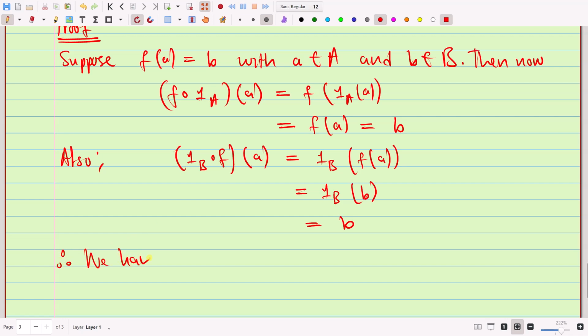So therefore, we have that f composed with 1A is just the same thing as f, and it is just the same thing as 1B composed with f, you see.